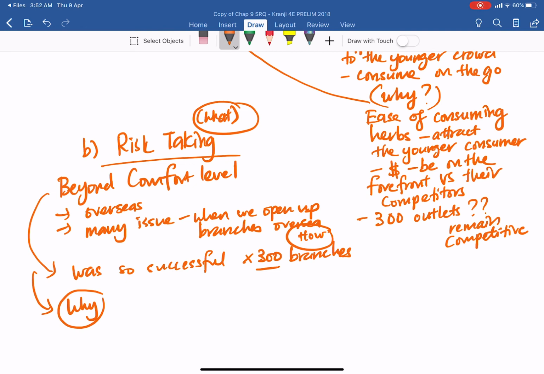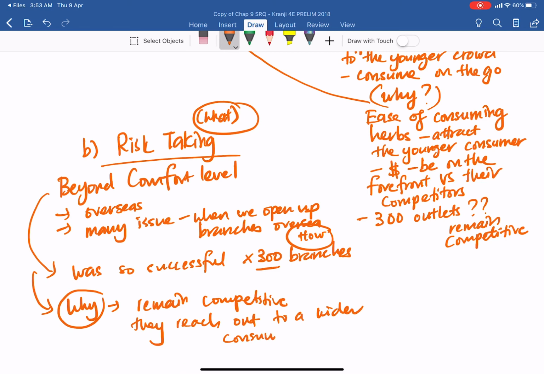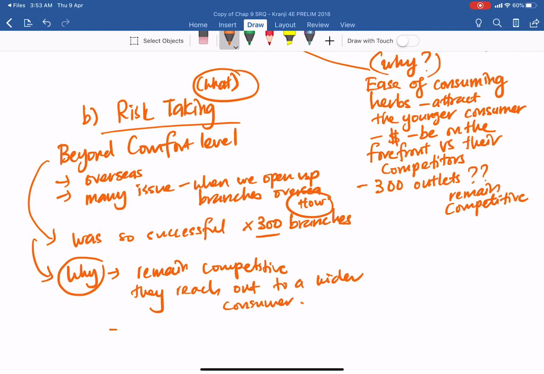So how do they remain competitive? They remain competitive because they reached out to a wider consumer. And when you reach out to this wider consumer, I mean, come on, your competitors just fail. Your competitors can't compete.